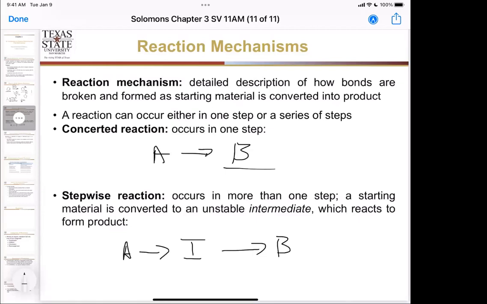So that's what we call a stepwise reaction, and you always generate some intermediate in a stepwise reaction. All right, questions on that? Okay, so this is just how we can describe the 2 different types of mechanisms.